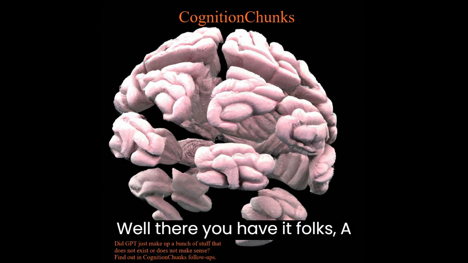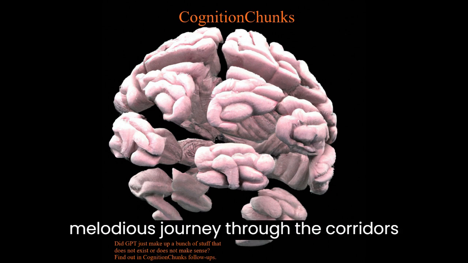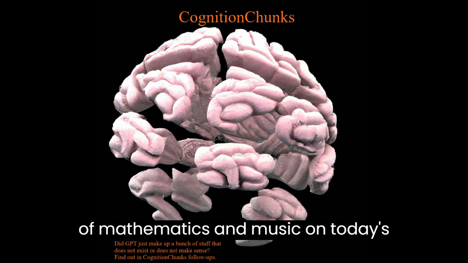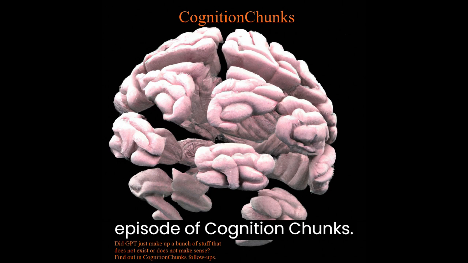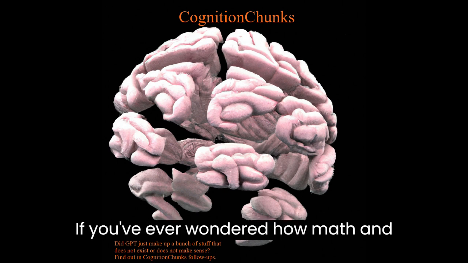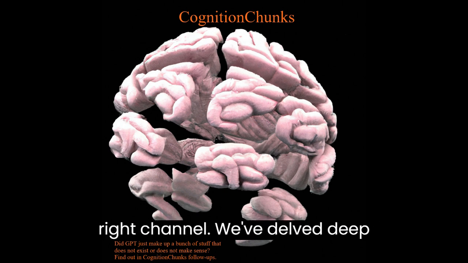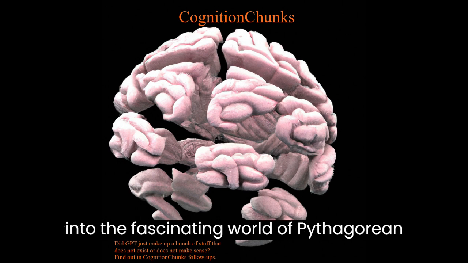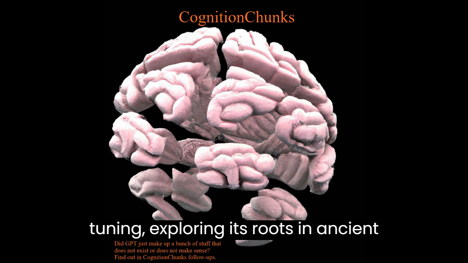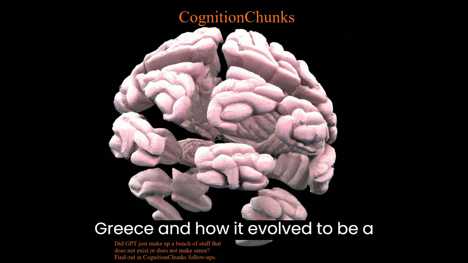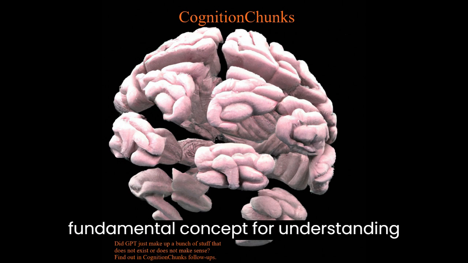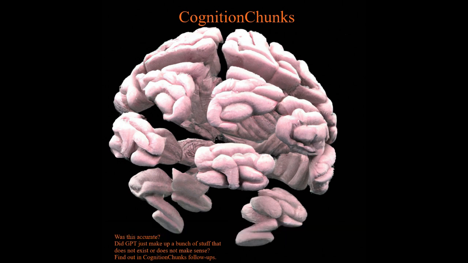Well, there you have it, folks, a melodious journey through the corridors of mathematics and music on today's episode of CognitionChunks. If you've ever wondered how math and music are entangled, you've come to the right channel. We've delved deep into the fascinating world of Pythagorean tuning, exploring its roots in ancient Greece and how it evolved to be a fundamental concept for understanding perfect musical intervals.